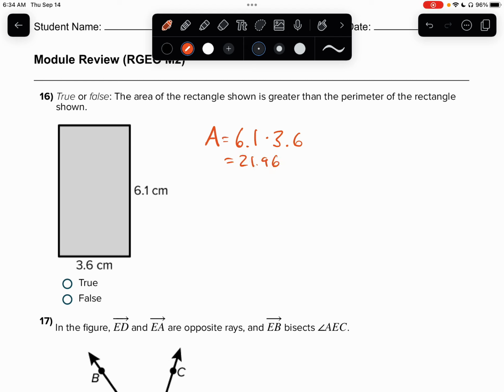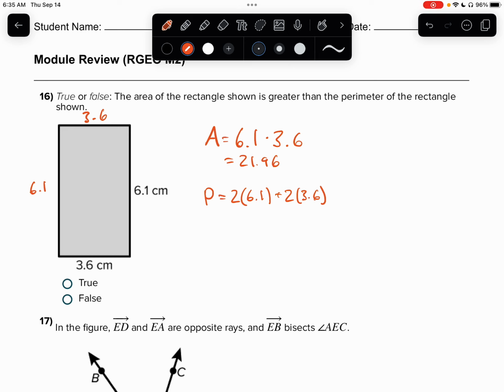All right, and then the perimeter, it's going to be 2 times the 6.1 plus 2 times the 3.6. So perimeter is just 2 times the length plus 2 times the width. Or you can just do length plus width plus length plus width, because I know that this over here is also 6.1 and this over here is also 3.6.